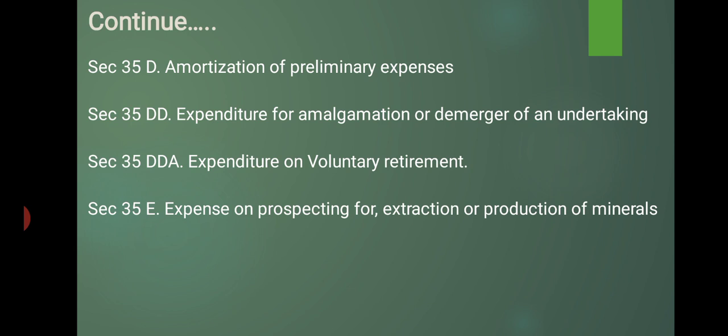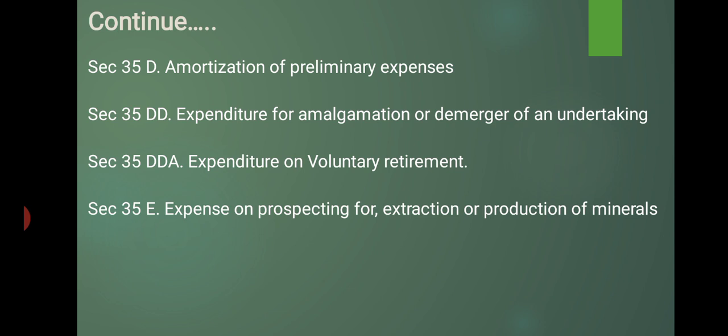That is, as we just discussed, 1/5, that is 20%, can be claimed each year for 5 years. Then the last but one, expenditure on voluntary retirement, section 35DDA, where an assessee pays any amount to an employee at the time of his voluntary retirement, he shall be allowed a deduction of 20% of such expenditure for 5 years equally.